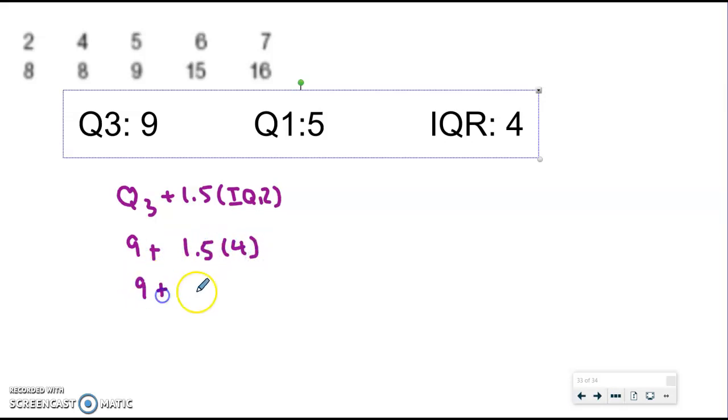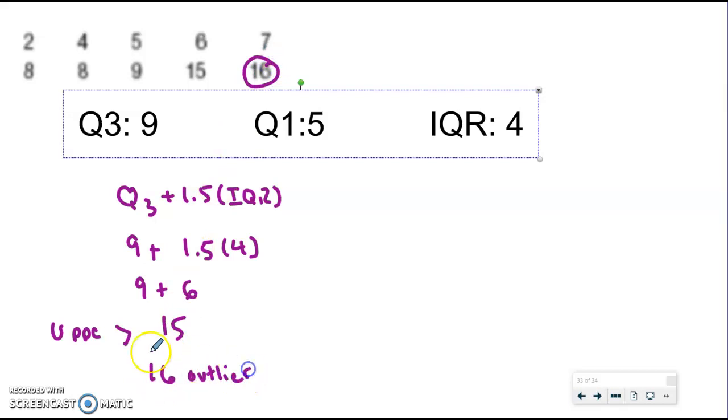So I got 9 plus 6, which is 15. So any upper outlier needs to be bigger than 15. Well, do we have any values that meet that case? Yeah, we do. 16 would be considered to be an outlier. 15's not, because 15 is not bigger than 15.